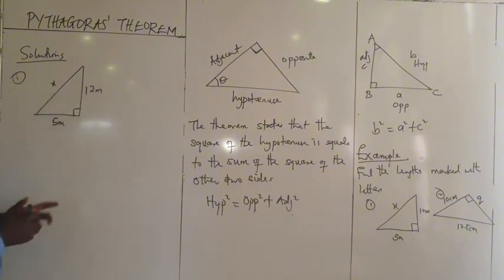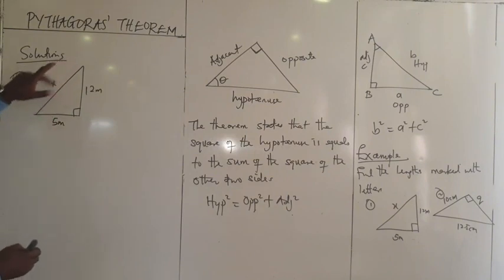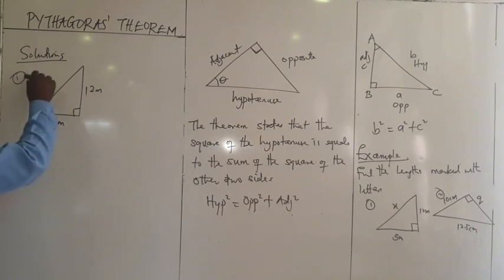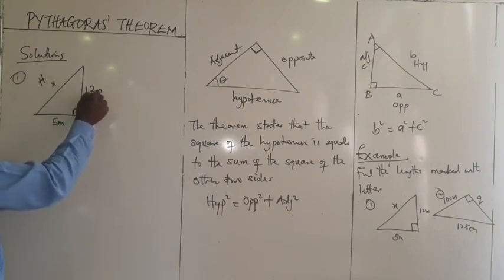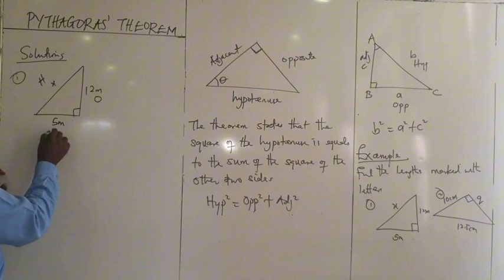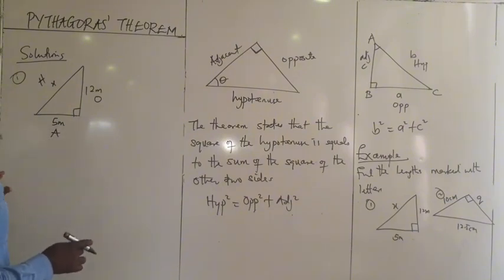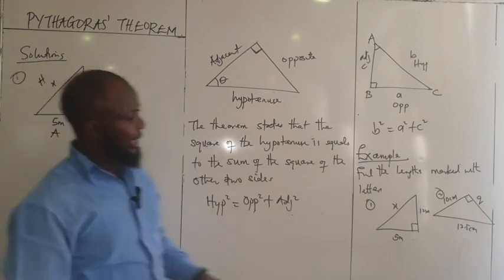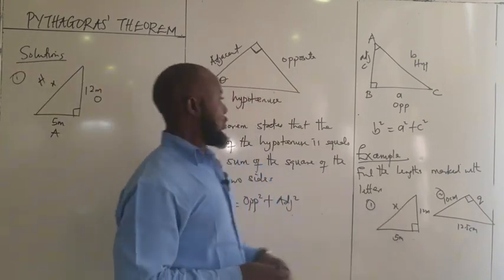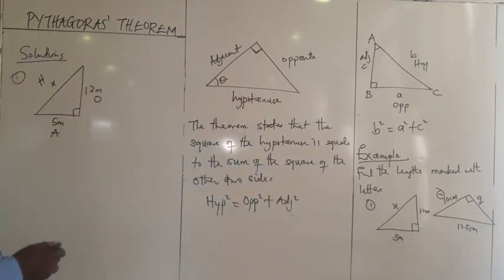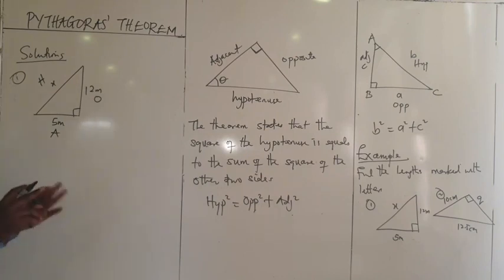What you notice here is that the unknown side is the hypotenuse. So the first thing is to identify that this is the hypotenuse, this could be the opposite, and this could be the adjacent. Whichever one you put, you will be correct, because we are not given any angle here, so we pick any one of our choice to be the opposite or adjacent. It's still the same thing.